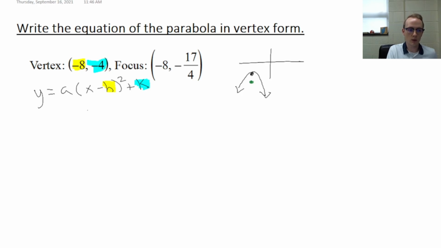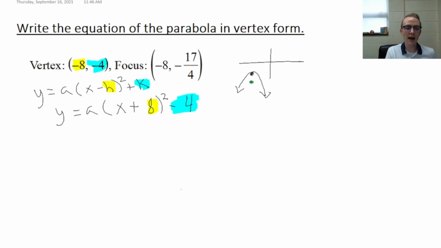Okay? So we now have y equals a times x minus h. H is negative 8, so x minus negative 8 would actually give us x plus 8 squared, plus k. If k is negative 4, that's going to be minus 4. So we have y equals a times x plus 8 squared minus 4.